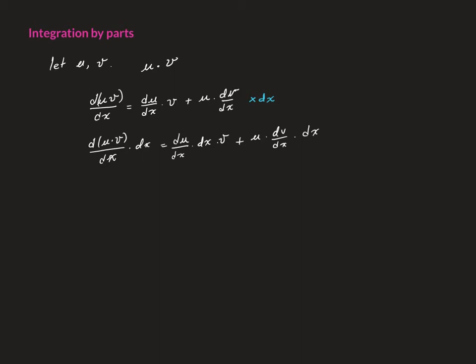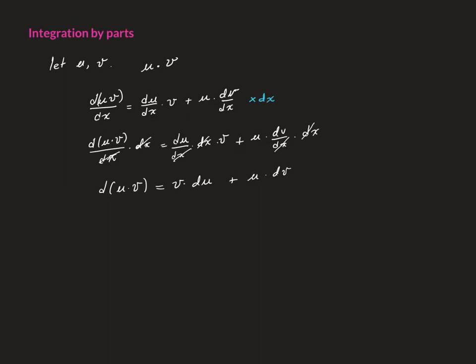Then I'm going to simplify all of these differentials of x, and I'm going to get d(uv) is equal to v du plus u dv.